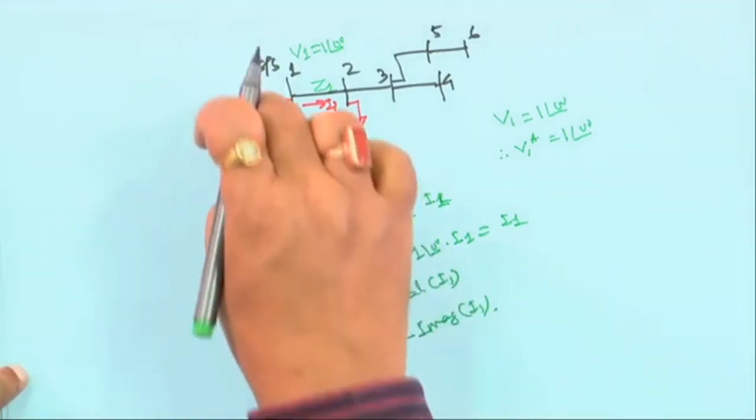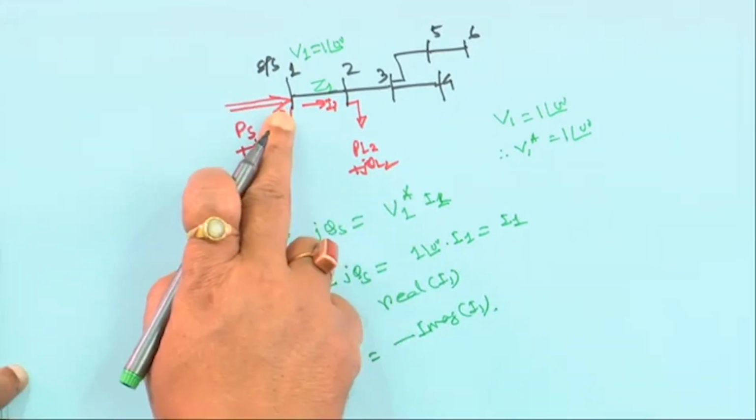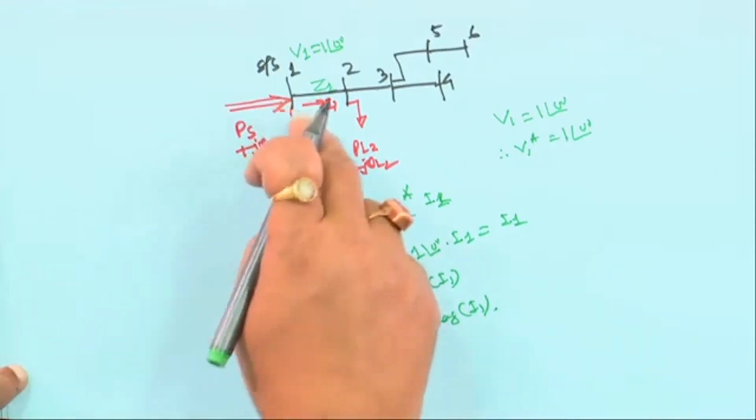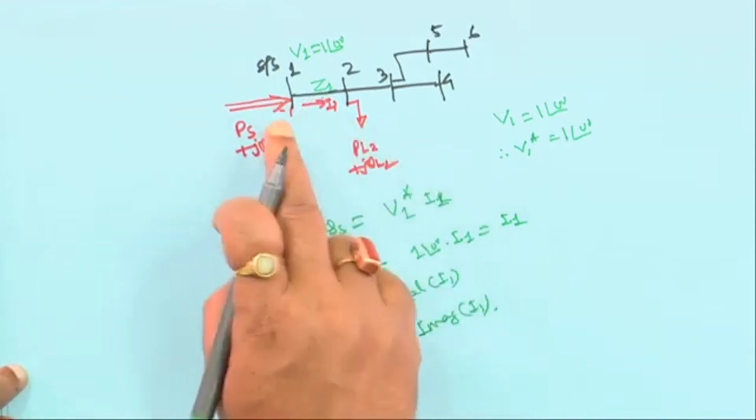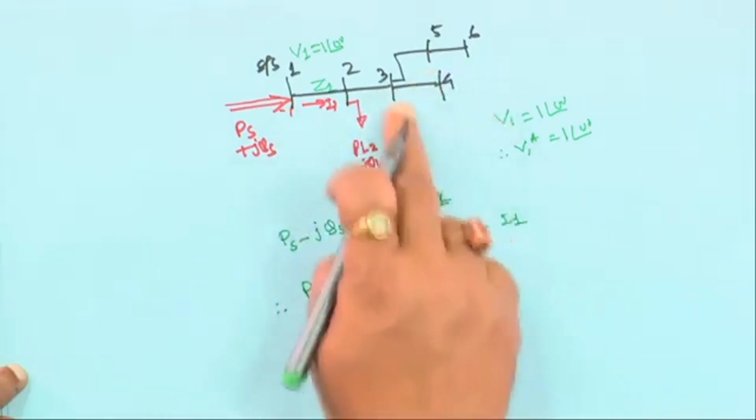That means this PS and QS coming from the grid enter the substation, and this power is equal to whatever loads are there.